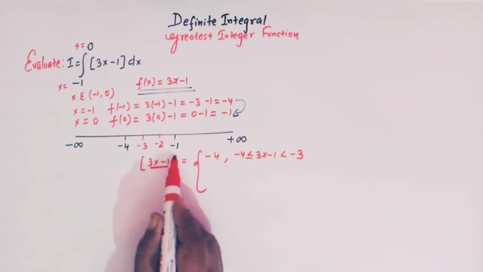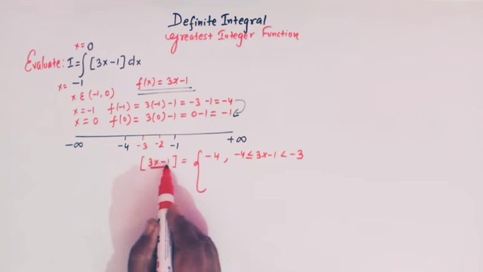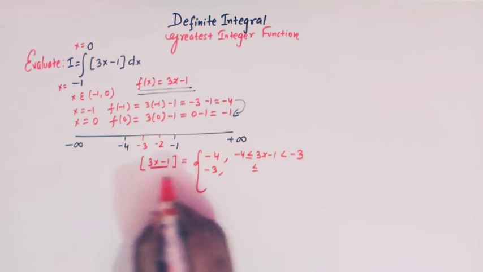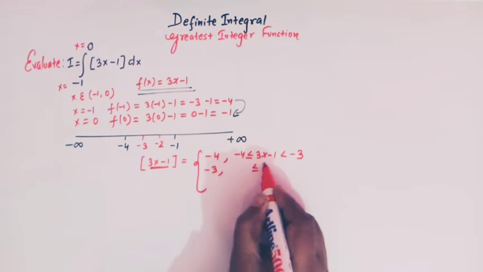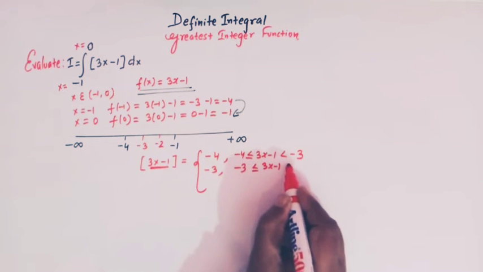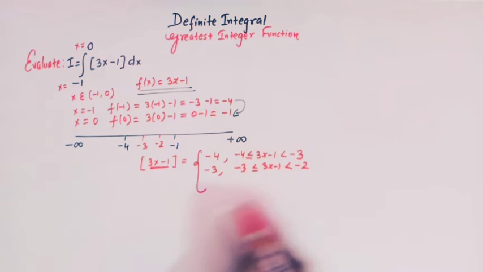The greatest integer of 3x minus 1 is equal to minus 3 whenever 3x minus 1 lies between minus 3 and minus 2.